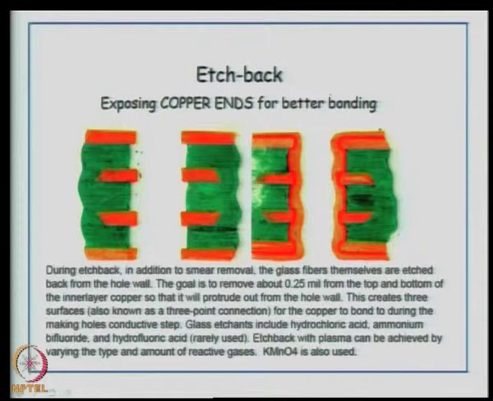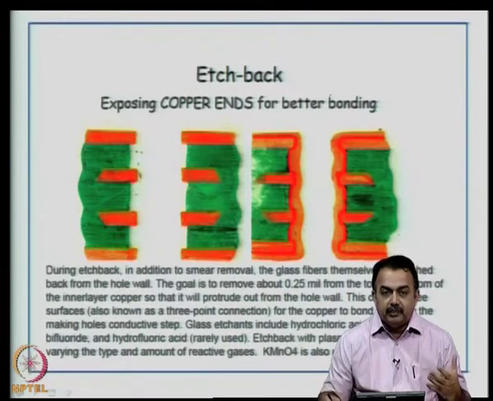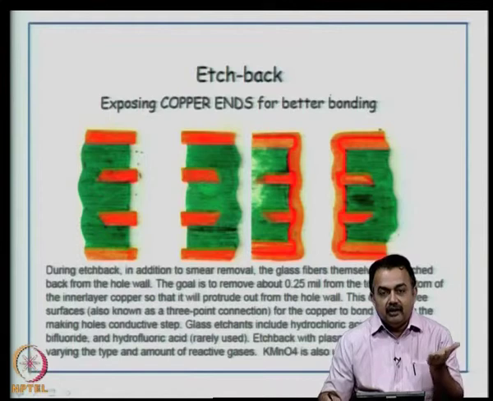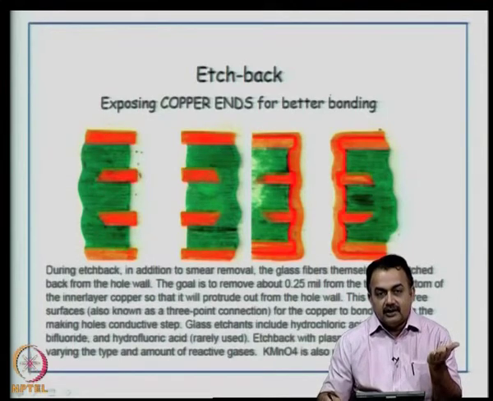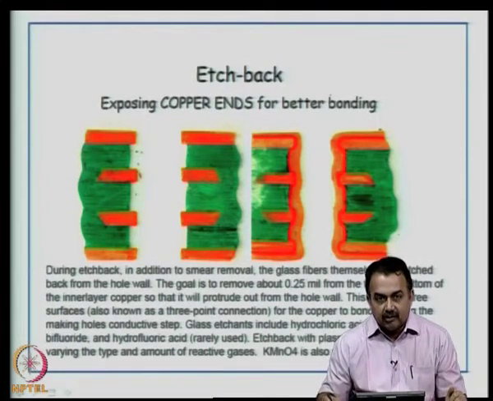Now, in another situation, in a multi-layer board you want to make the whole walls perfect for better reliability. Remember, you have inner layers and these are stacked together. There can be misregistration during the final stack up.